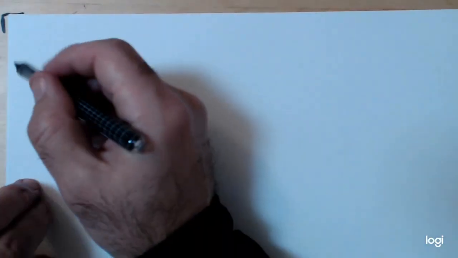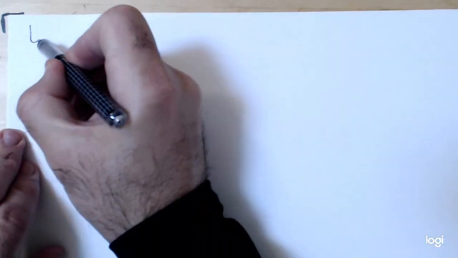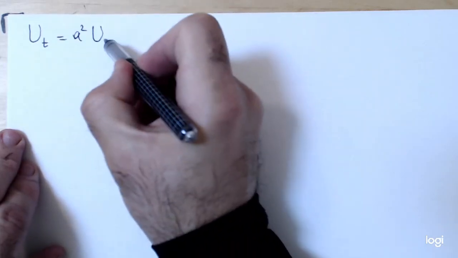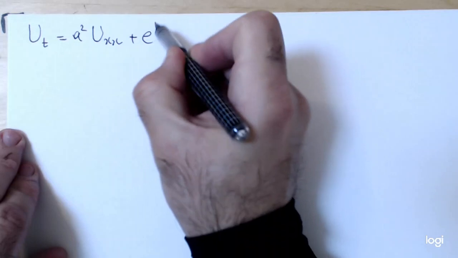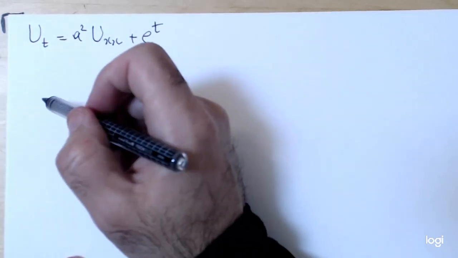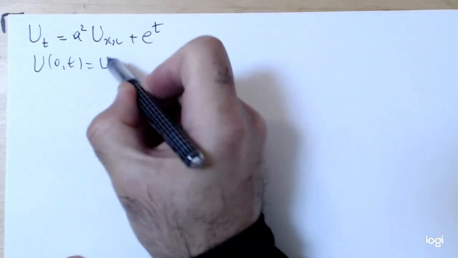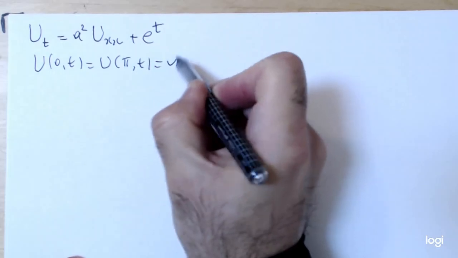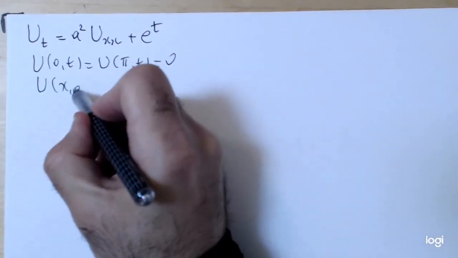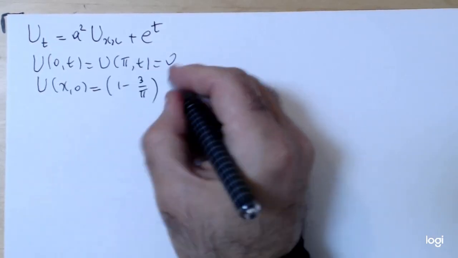So the problem in big U now is big U partial t equals a squared, big U partial x twice plus e to the t, with big U of 0t equals big U of pi t equals 0. That was the goal. And big U of x0 is 1 minus 3 over pi times x.